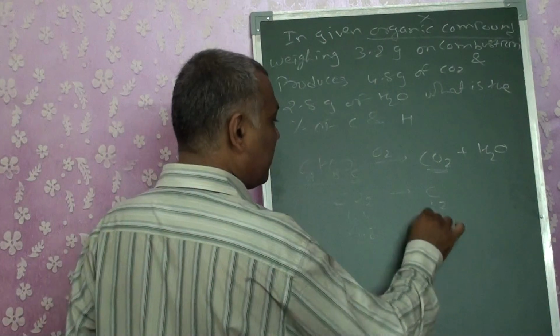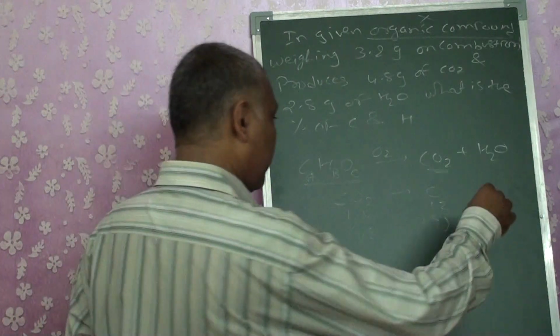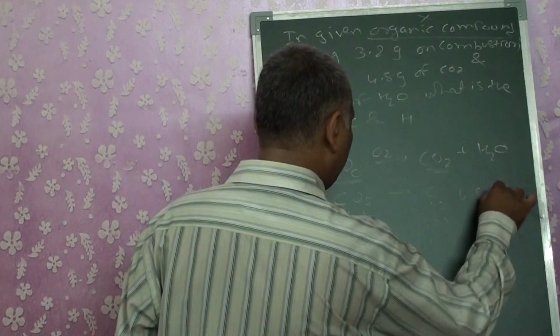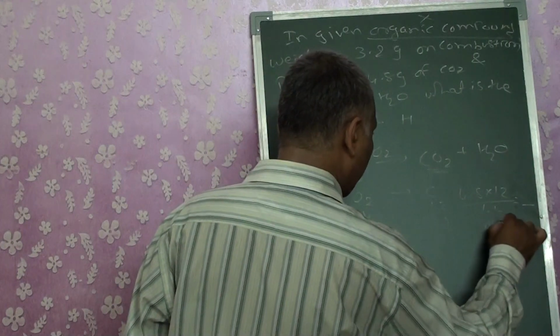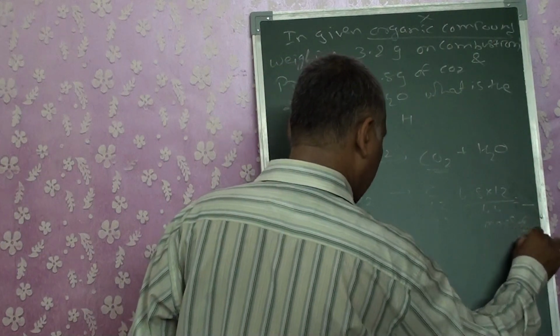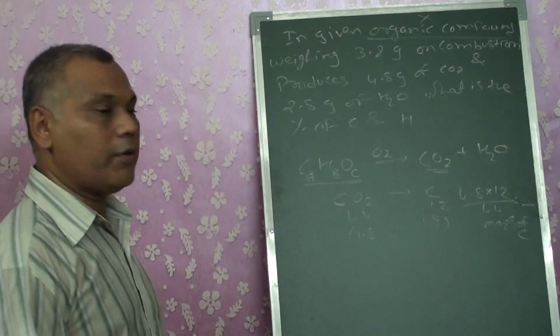So what is the carbon present in it? Can we calculate it? We will get it as 4.8 into 12 by 44. That will give me the mass of carbon.